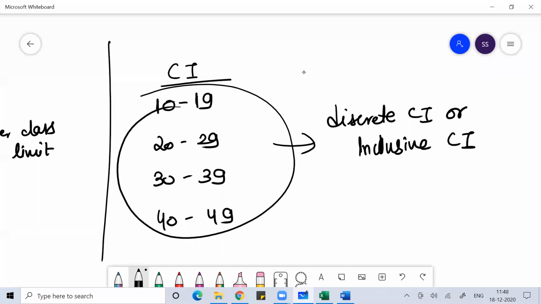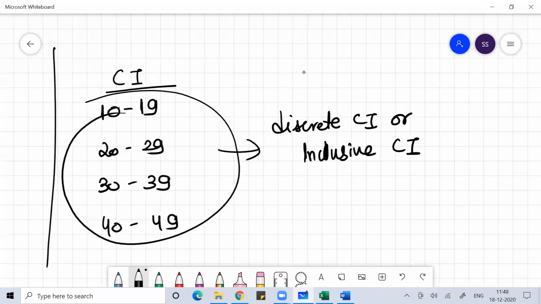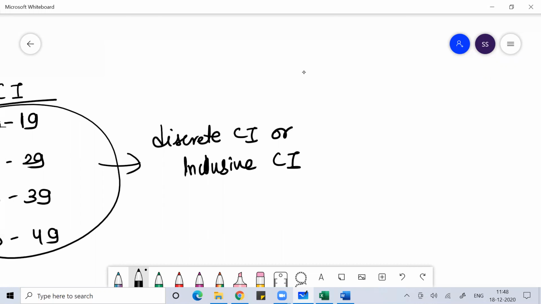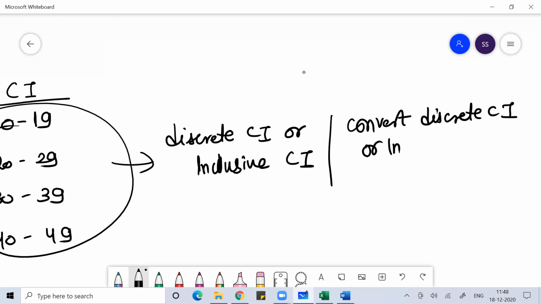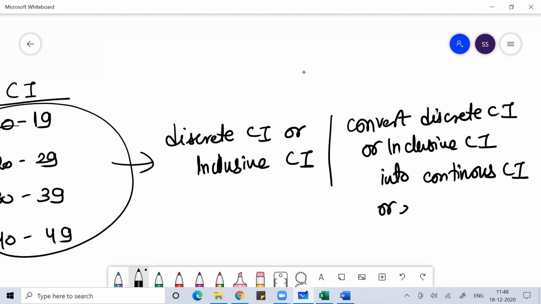Because of that, whenever you get a problem, you have to convert the discrete or inclusive class interval into a continuous or exclusive class interval.